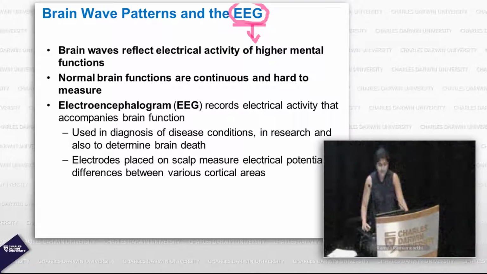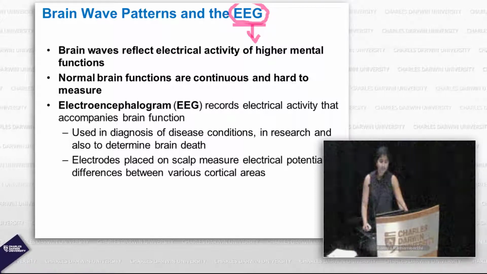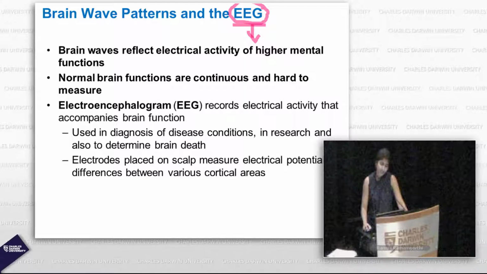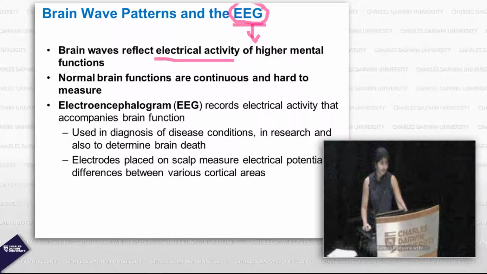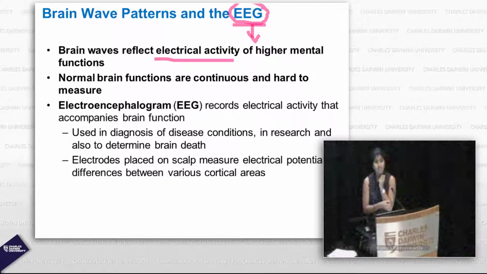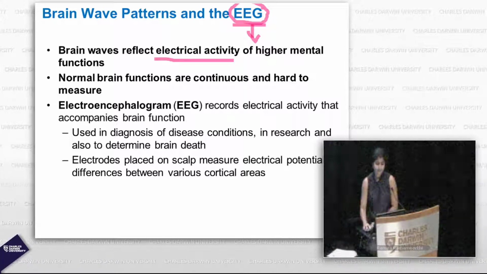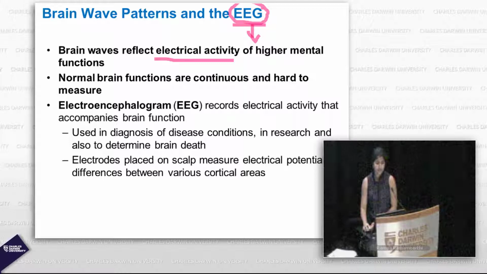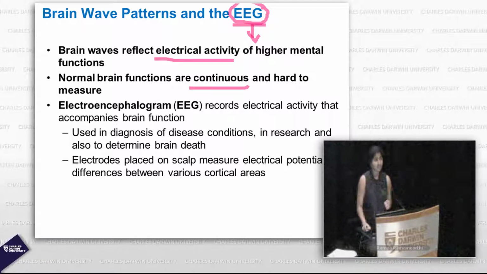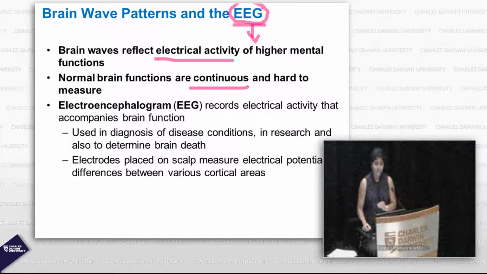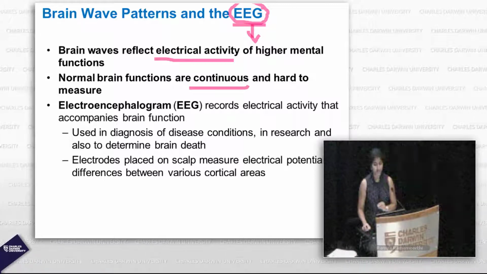We know very clearly that all signals are changed into electrical signals before the brain can actually read them. Normal brain functions are continuously working, and it is very hard to measure them without an EEG. So the EEG records the electrical activity present in your brain function.